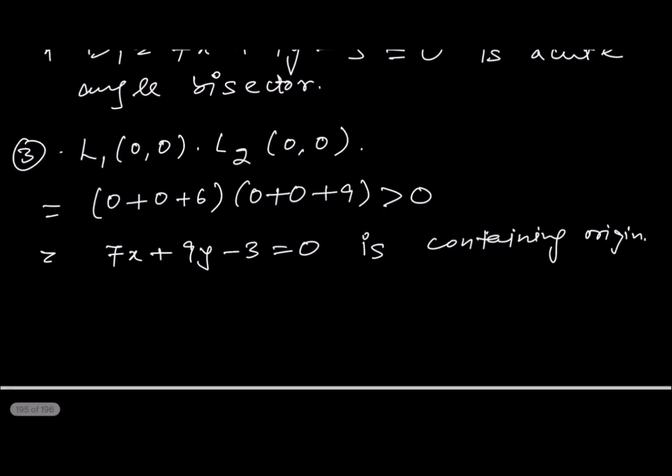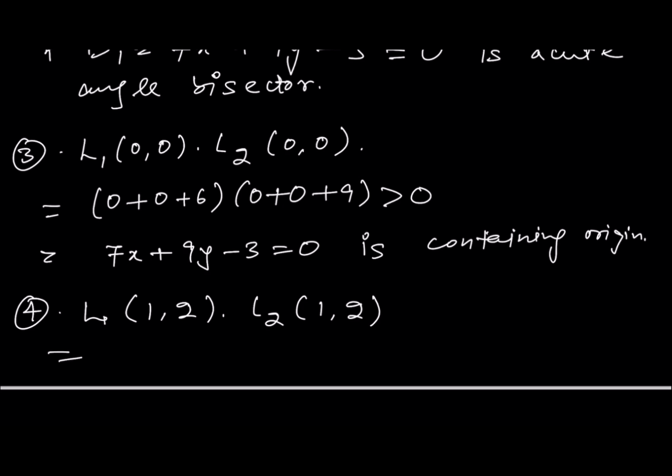And the fourth one is L1 of (1, 2) into L2 of (1, 2). L1 is minus 4 into 1 minus 3 into 2 plus 6, and L2 is 5 into 1 plus 12 into 2 plus 9.